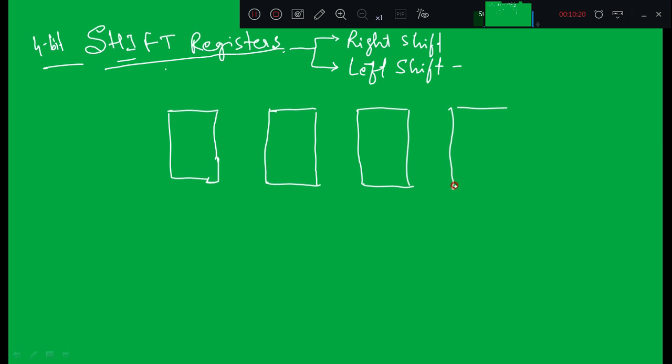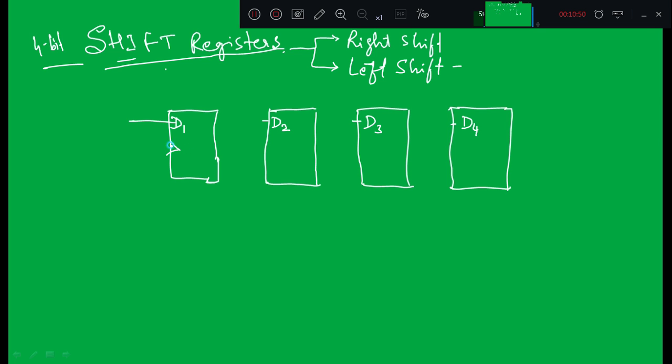Whatever input you give, the same output you will get: if input is 1, output is 1; if input is 0, output is 0. We will form a 4-bit shift register using 4 D flip-flops. I will name them D1, D2, D3 and D4.